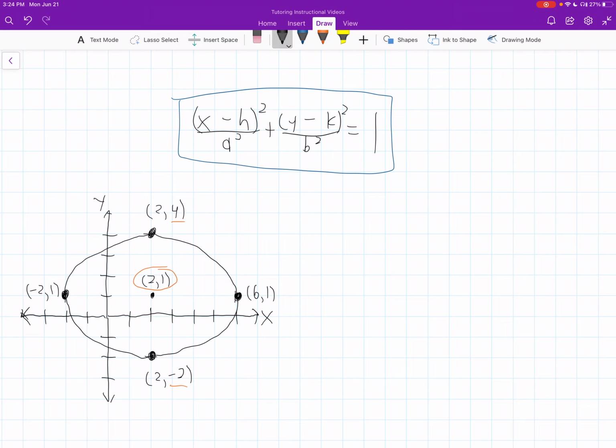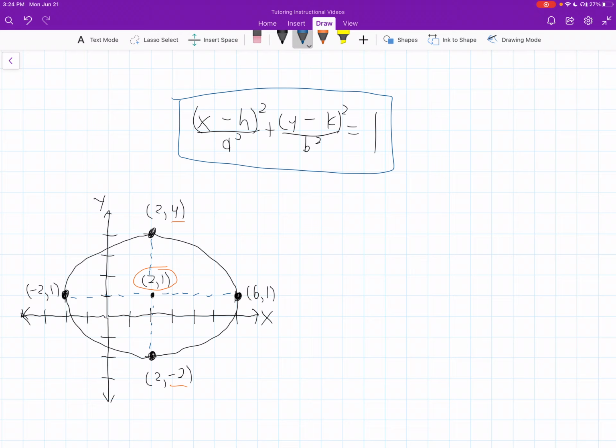If I didn't show you what this was, you can easily find the center by simply counting from the left and from the right and finding the midpoint between those. Same with the top and bottom, finding the y coordinate that's halfway between those. So you can do that. And actually, you can do this even instead of counting.